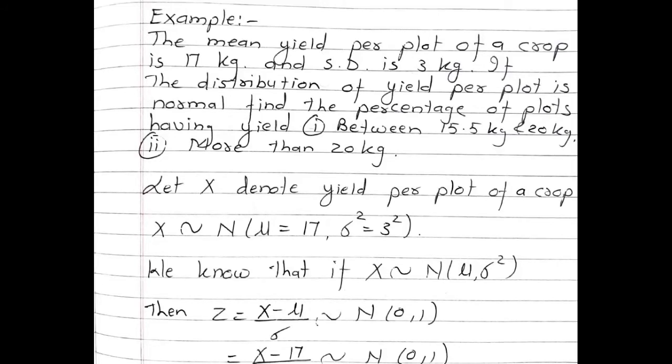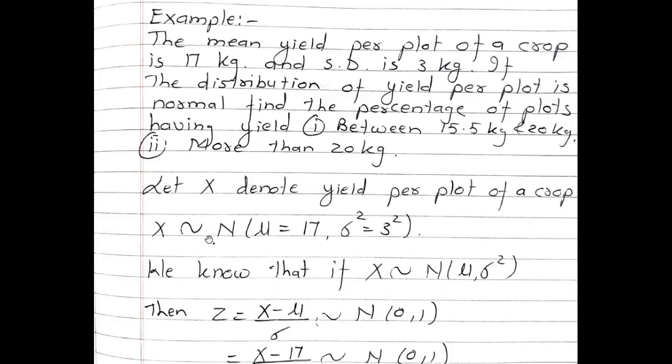The mean yield per plot of a crop is 17 kg and standard deviation is 3 kg. If the distribution of yield per plot is normal, find the percentage of plots having yield, first part, between 15.5 kg and 20 kg, second part, more than 20 kg. So let x denote yield per plot of a crop.